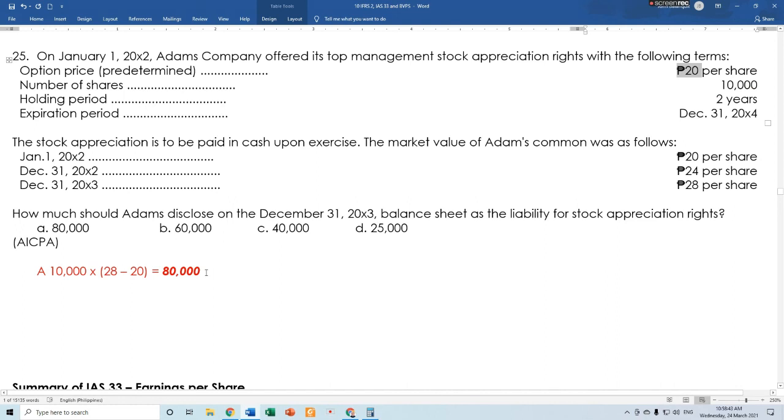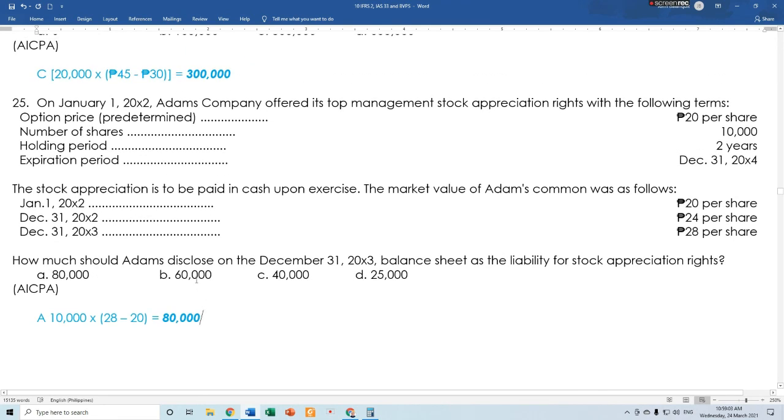That's going to be 8 pesos times yung 10,000 shares is already 80,000. Kung gagamitin mo yung last period, so may same computation tayo sa taas, 60,000 yung expense natin currently. Okay? Pero total natin na utang is 80,000 na. Okay? So, yun yung answer natin for our stock appreciation rights.